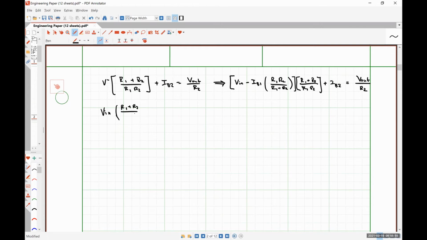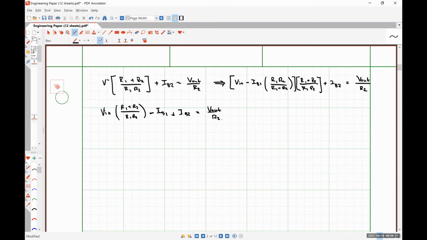R1 plus R2 over R1 R2 minus IB1 plus IB2 is equal to V out over R2.